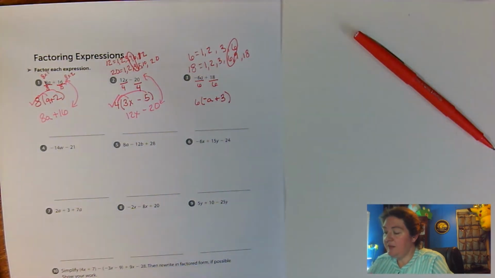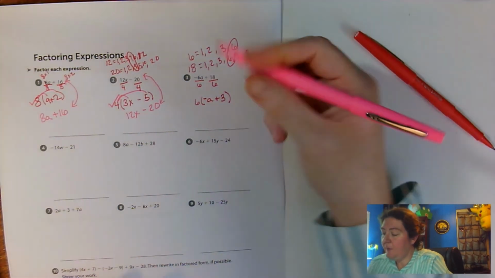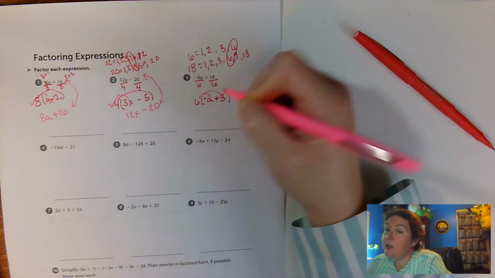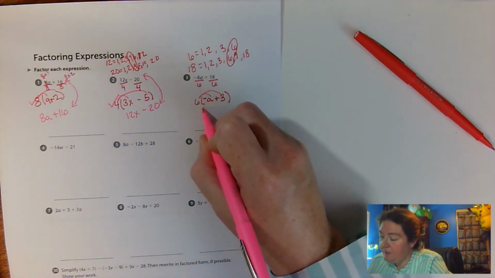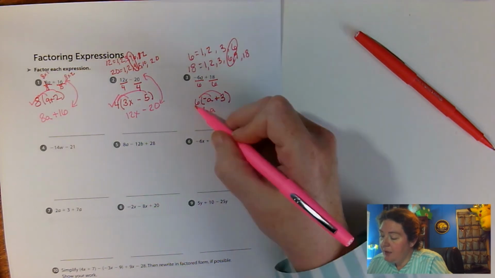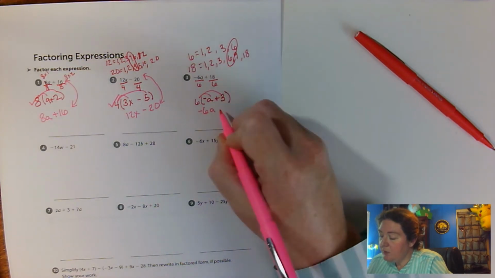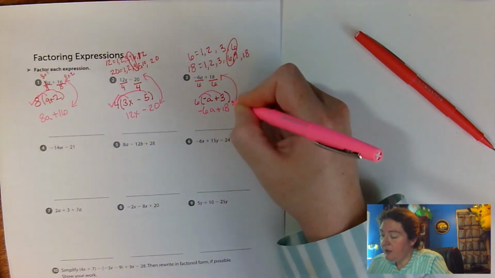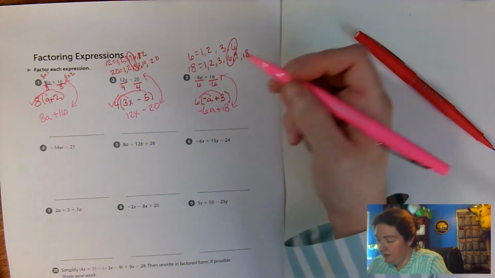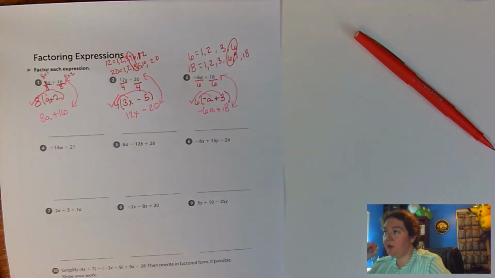So to check myself, just to make sure I'm right, I'm going to distribute it. 6 times negative a gives me negative 6a. 6 times 3 gives me positive 18. Look what I've got. Both answers exactly the same, so I know that I'm right.